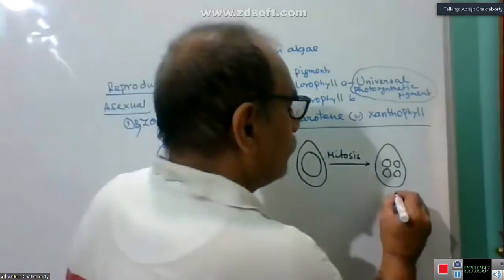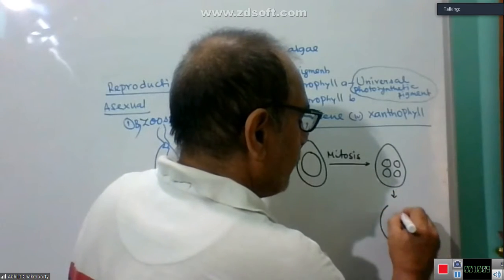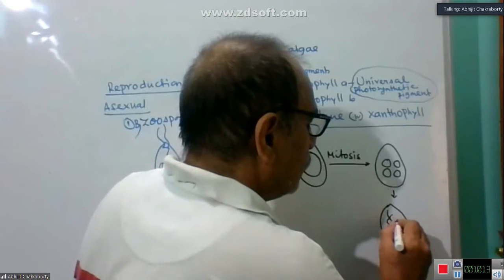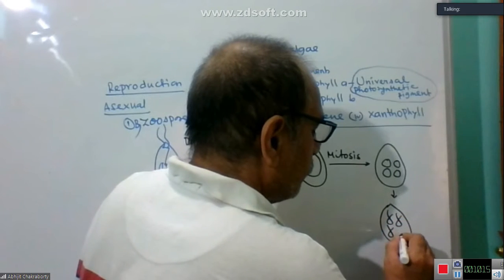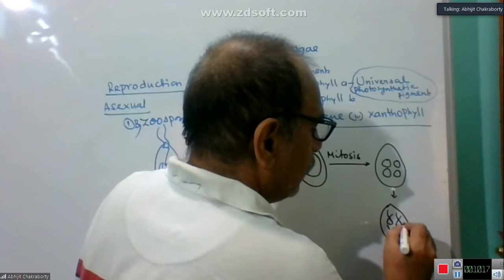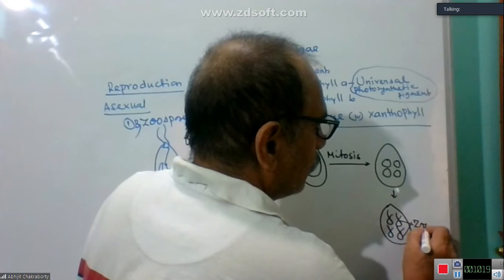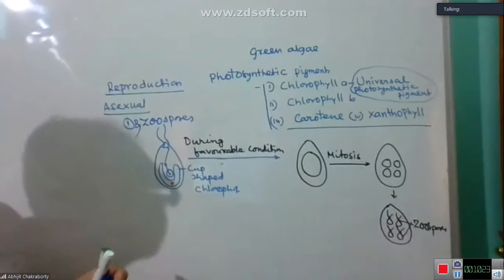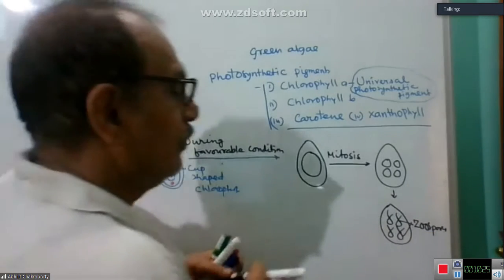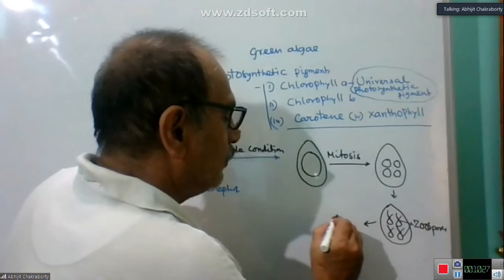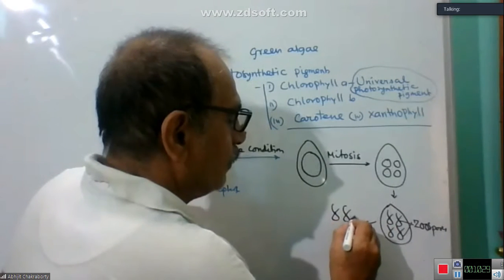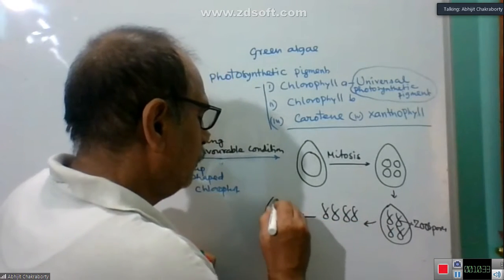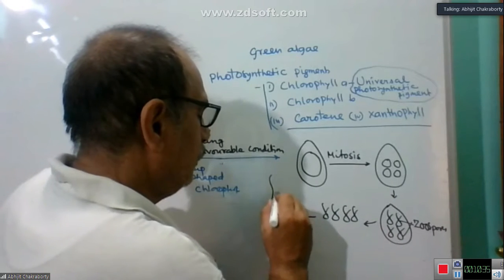After that, they become flagellated and they are called zoospores. When the wall is broken down, zoospores are liberated and give rise to new Chlamydomonas.